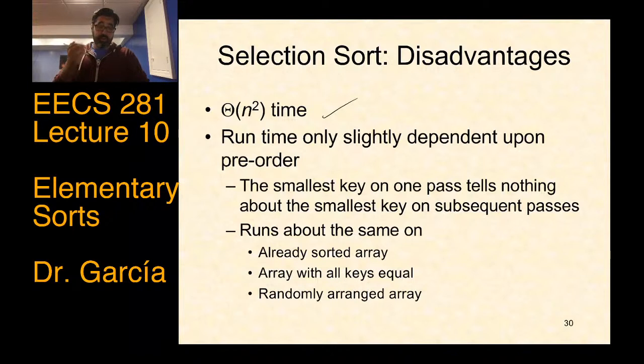While we did come up with an adaptive version of it that is somewhat sensitive to the input, it's really not much. It's only slightly dependent on the pre-order of the input array, whether the array is almost sorted or not. So it really runs almost about the same on something that's already sorted versus an array where all keys are equal, or where it's randomly arranged.